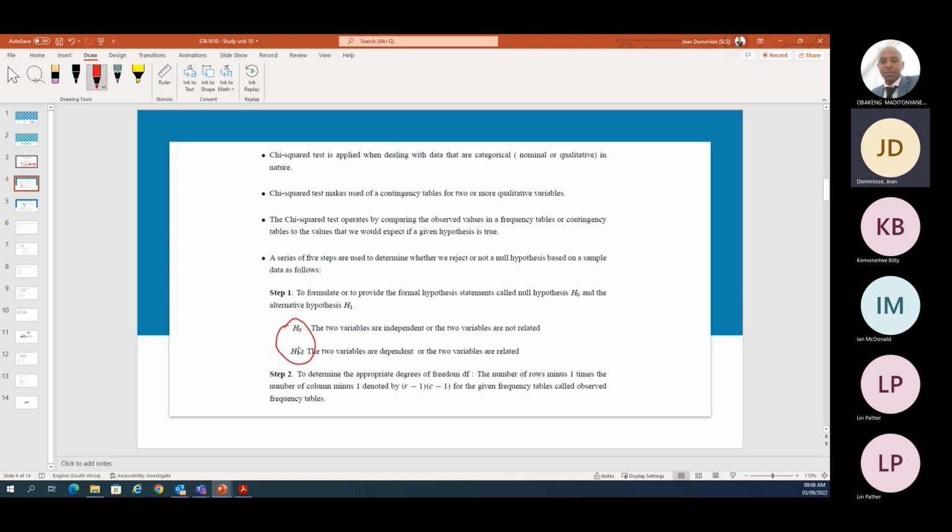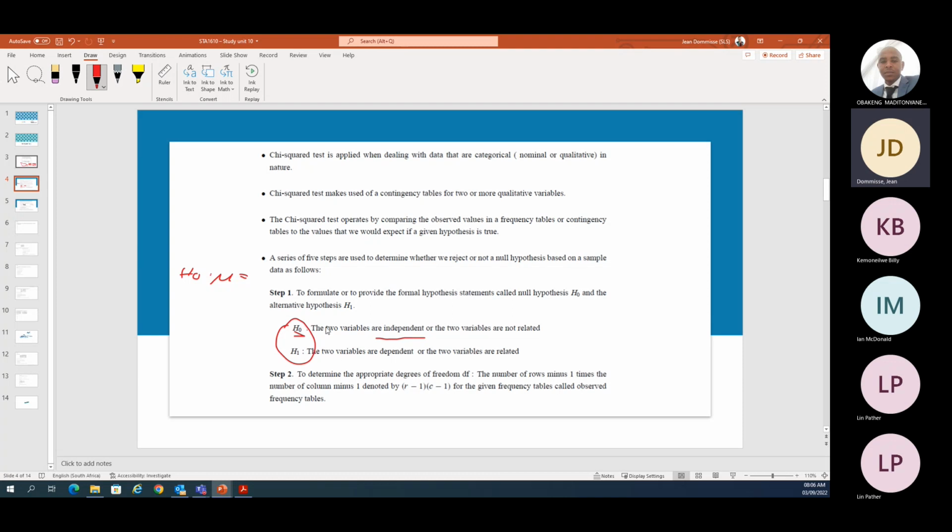Important, your H0 is always independent. Always, always, always. It is like we have in our hypothesis of the norm and the mean and things like that. We always say your mean is equal to.